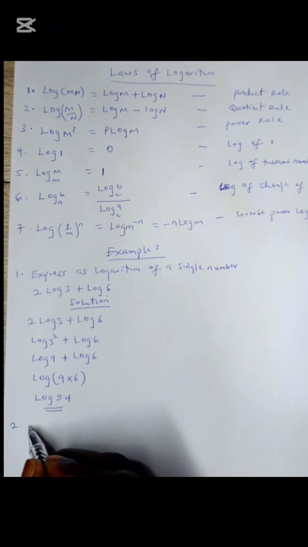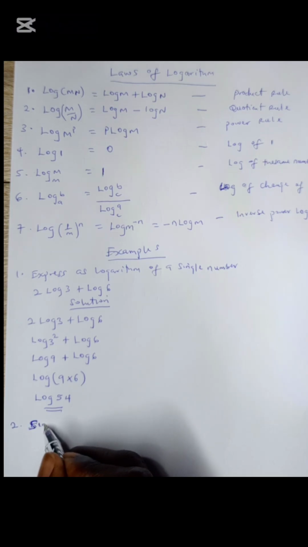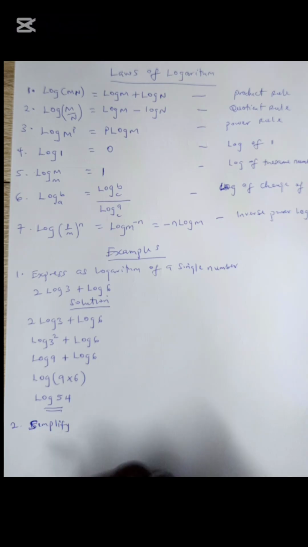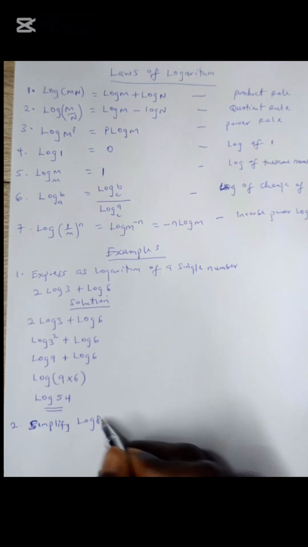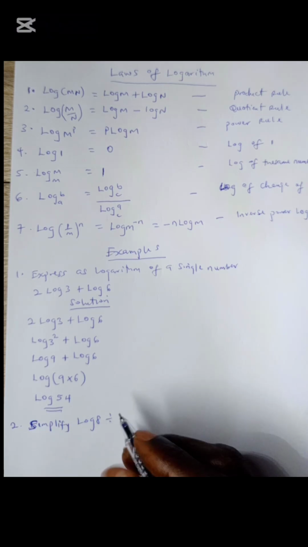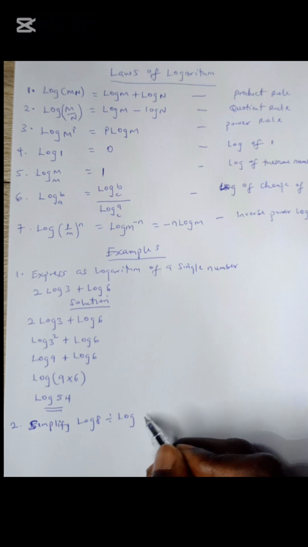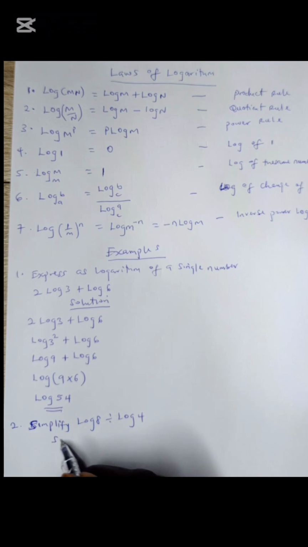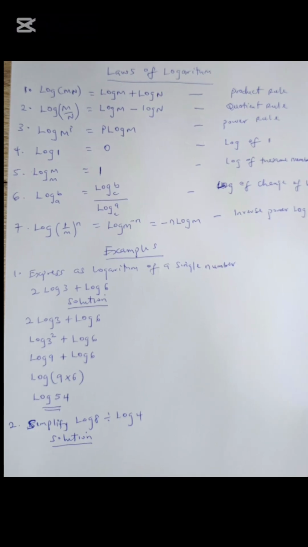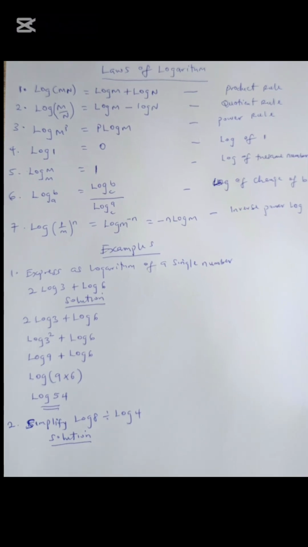Question 2. For example, we are given that we should simplify log 8 divided by log 4. Solution. When they say simplify, it means you have to break it down to the simplest form.